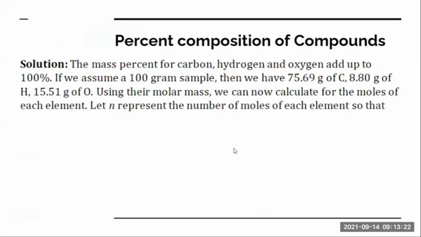Okay. So if we have a 100-gram sample, the 75.69% will be 75.69 grams. 8.8% will be 8.8 grams, and then 15.51% will be 15.51 grams. Using their molar mass, we can now calculate for the moles of each element.